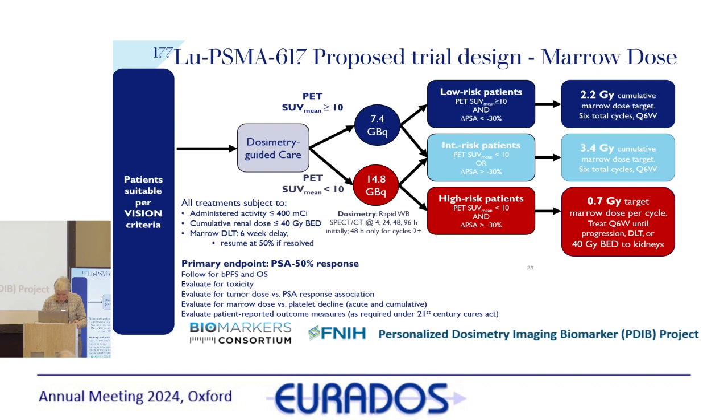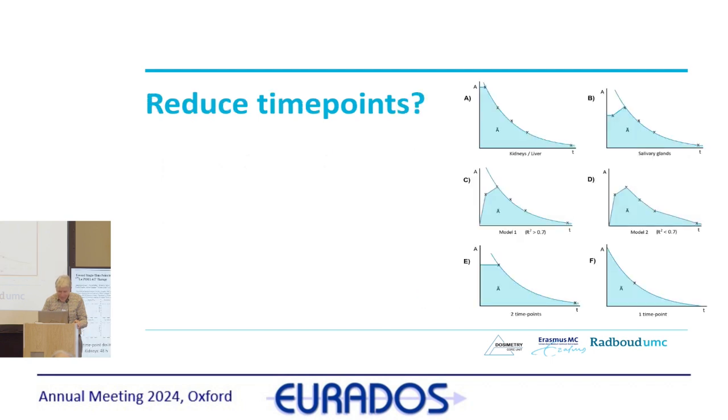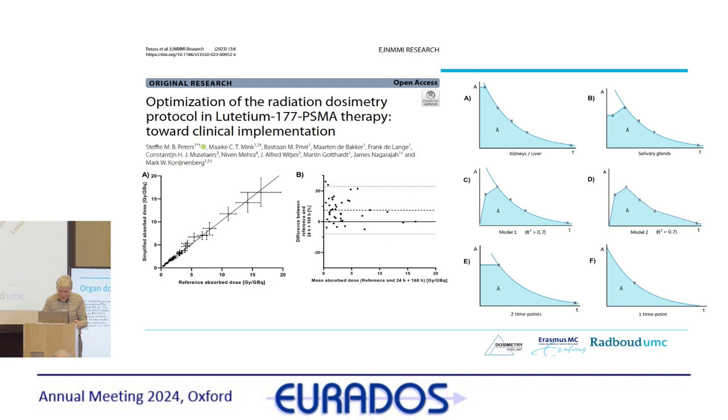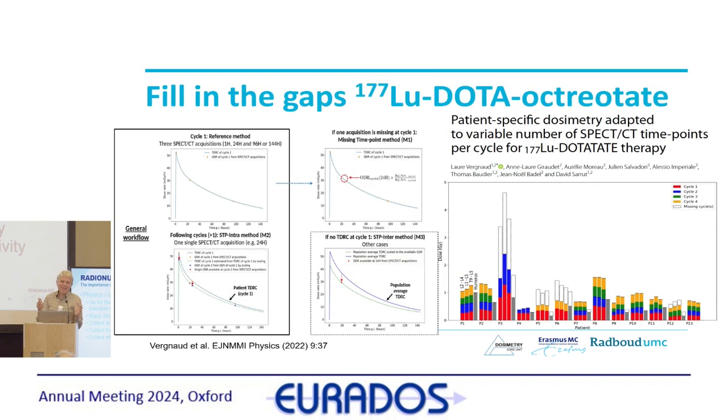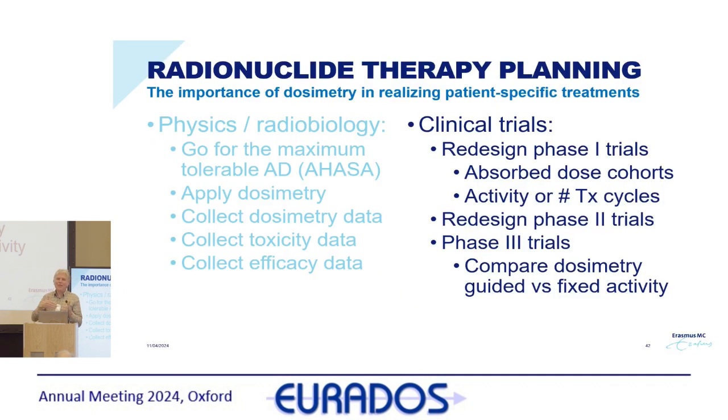I had some additional slides on how to reduce the number of time points in doing the dosimetry and using zirconium PSMA to have a better idea, because physicians always complain that having these patients come for 3, in some cases even 5 scan moments to have an accurate time activity curve is too much burden for them and for the patients mostly.